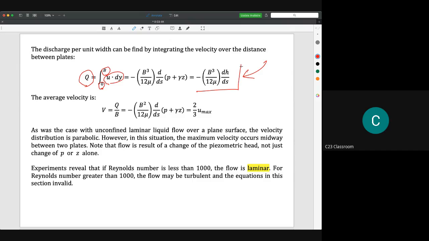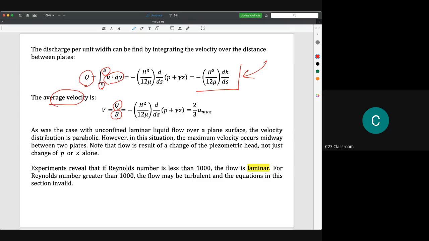Finally, to get the average velocity, for the same reason, to make sure our average velocity will give the same flow rate, we divide the flow rate by b. We just divide by the height of the plates because the width is 1 unit.